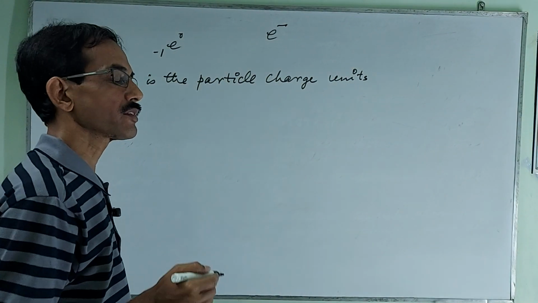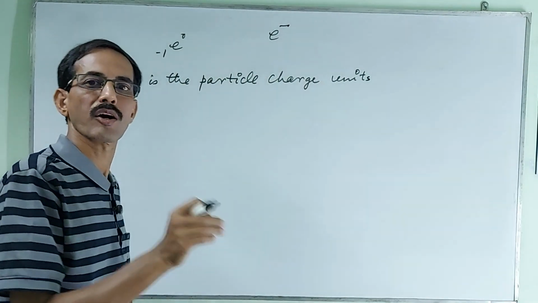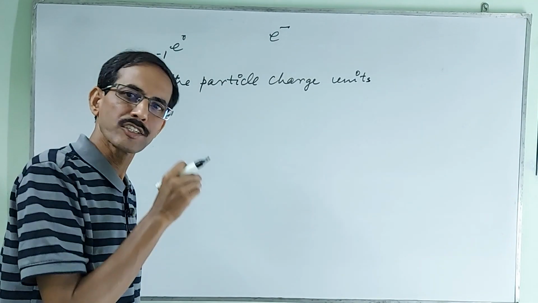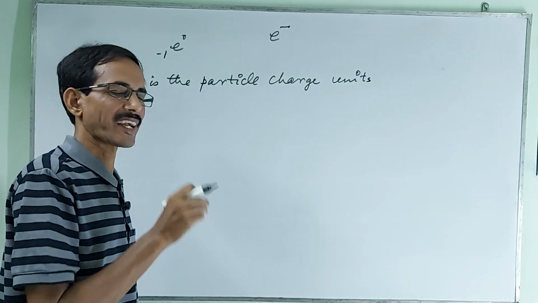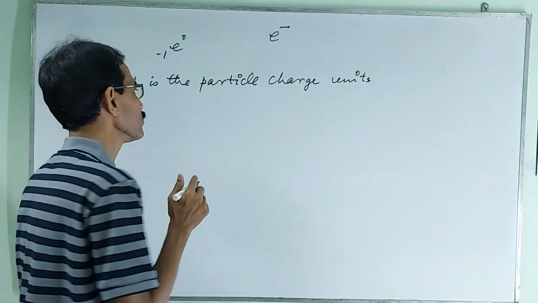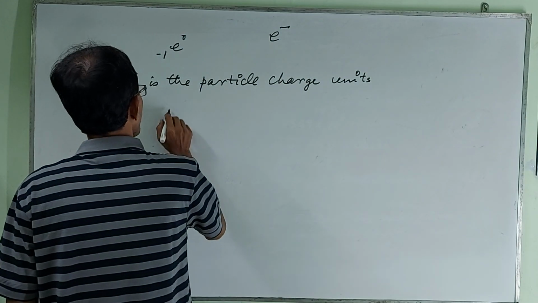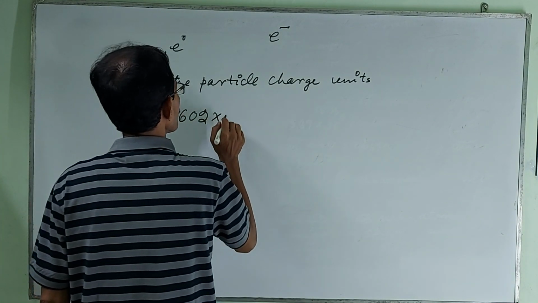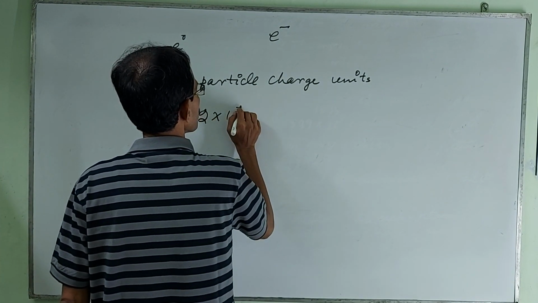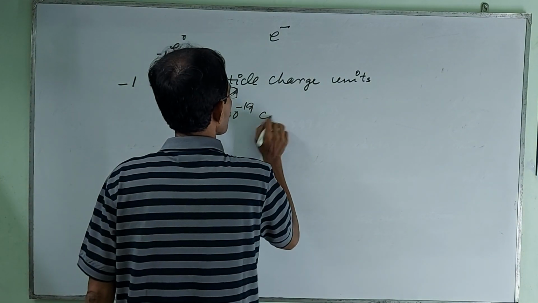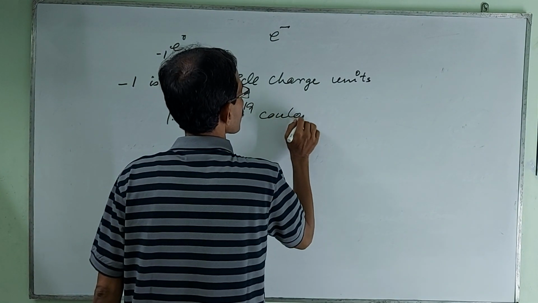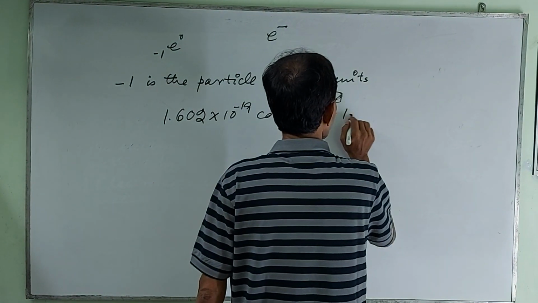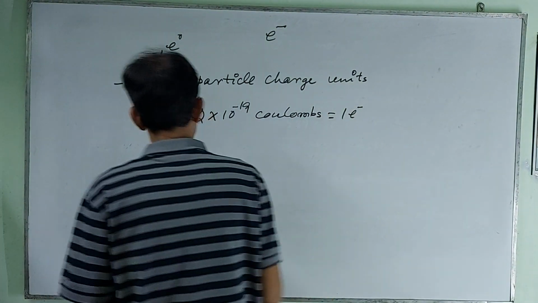And 1.602 into 10 to the power inverse 19 is the charge on electron. That is the magnitude of charge. Magnitude of charge on electron is equal to how much? 1.602 into 10 to the power inverse 19 coulombs is equal to 1 electron.